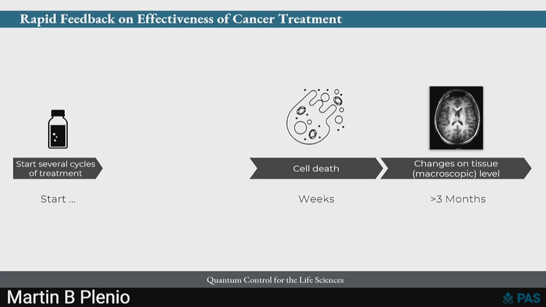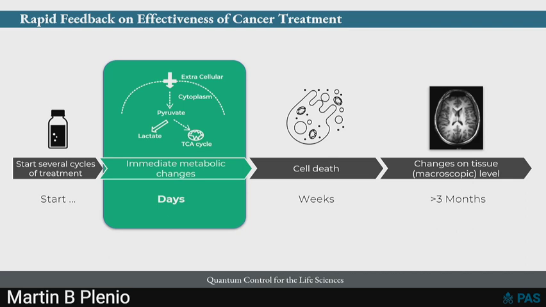But before the cells are dying, actually their metabolism changes. And so what we really would love to do is we would love to see in a patient whether the tumor's metabolism responds to the treatment. And if it does, we can see this within days.